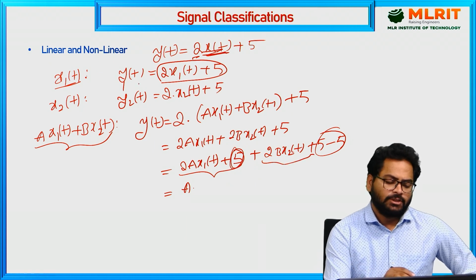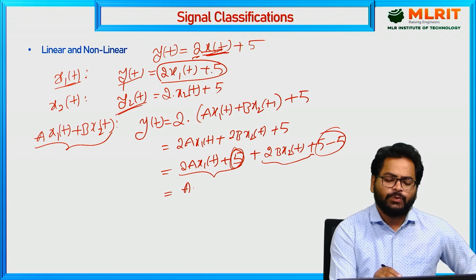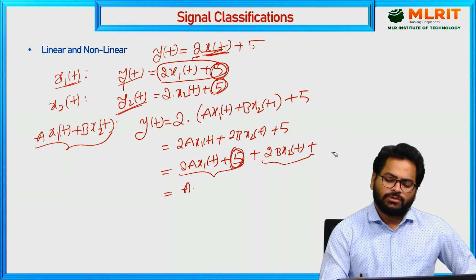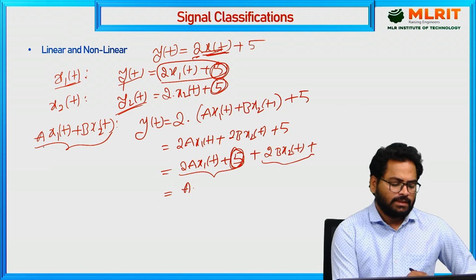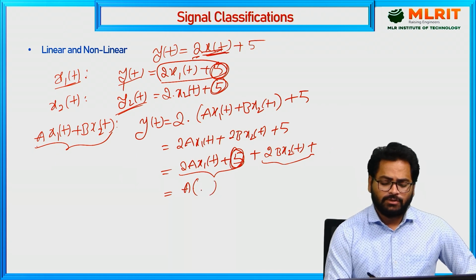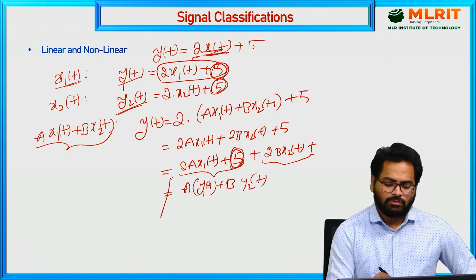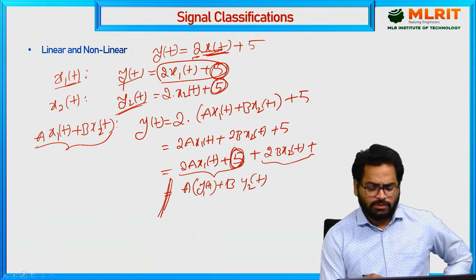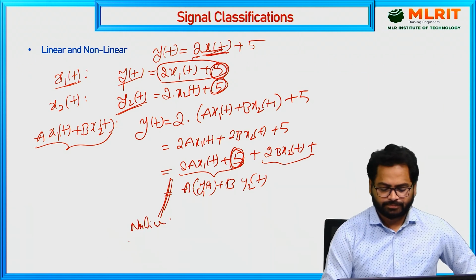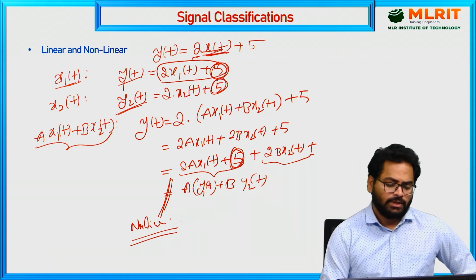To represent these two signals y1 of t and y2 of t, you need two phi's, two additional phi's. So we have only one phi. So it is not possible to represent a into x1 of t plus b into x2 of t as a into y1 of t plus b into y2 of t, which is not equal. We cannot represent it like that. Hence the system is non-linear. So this is a non-linear system.